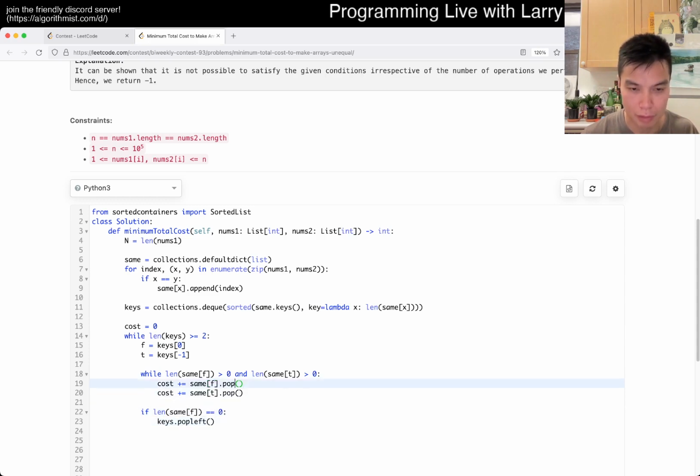So this is pop left. This isn't. Oh wait, no, this is pop.